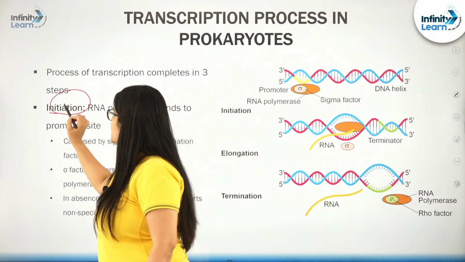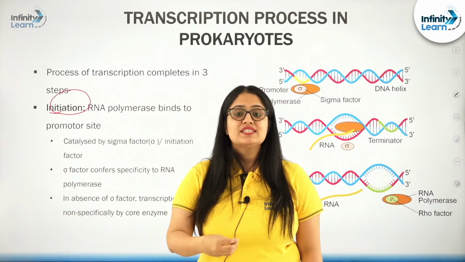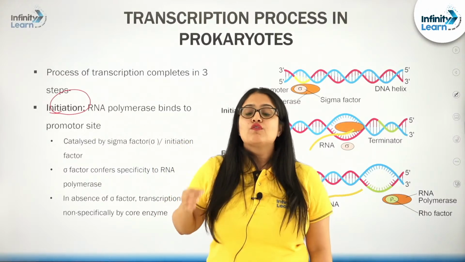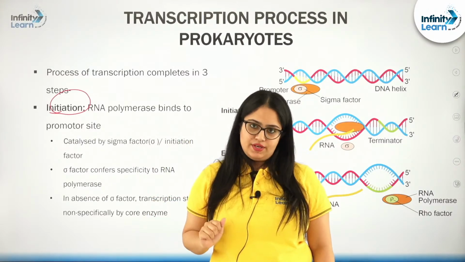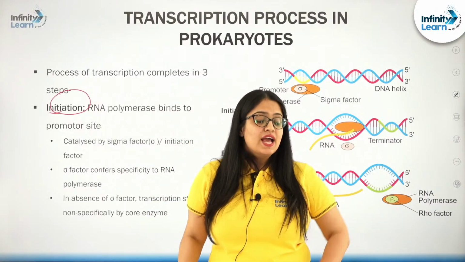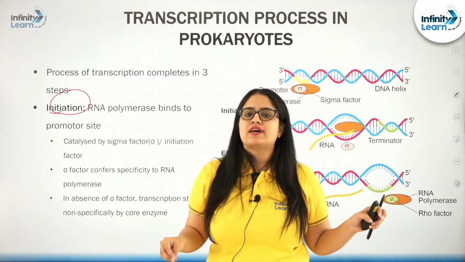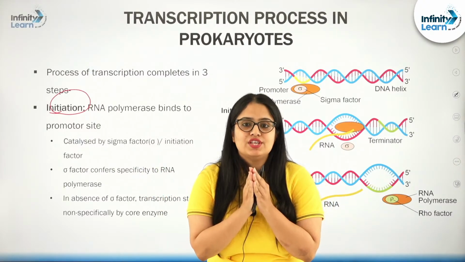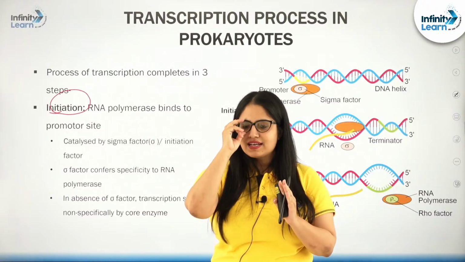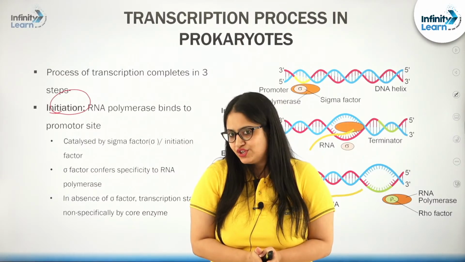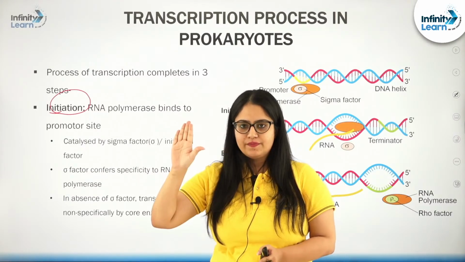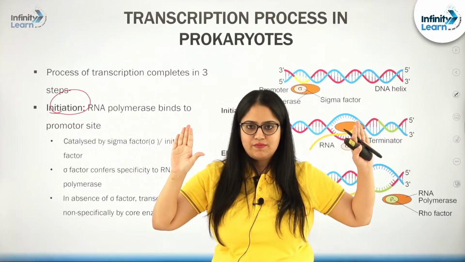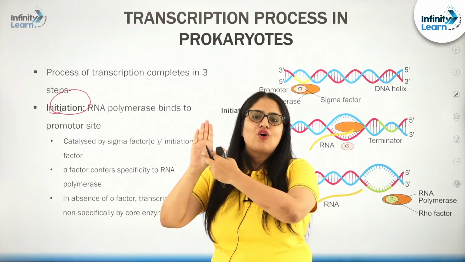In the initiation process, what will happen? For initiation of the transcription process, RNA polymerase will bind to the specific binding sites that are present in the promoter region. Remember, in the last class we discussed the transcription unit which possesses a promoter, structural gene and terminator, right. So what is the function of the promoter?